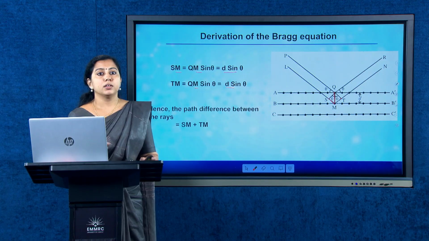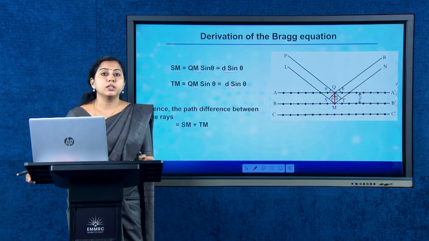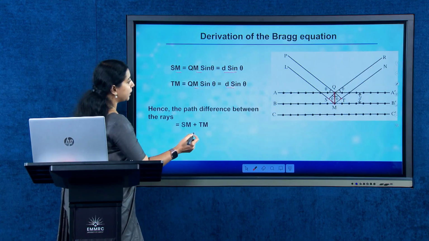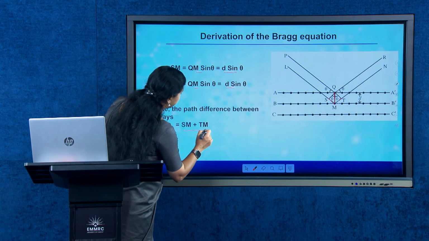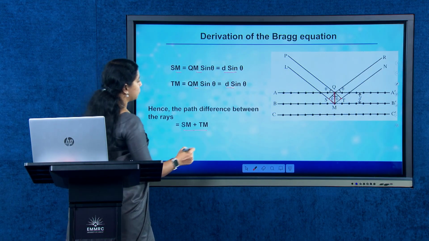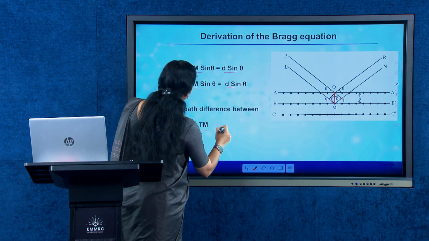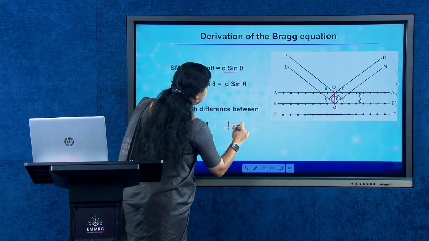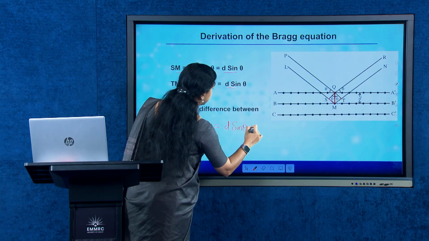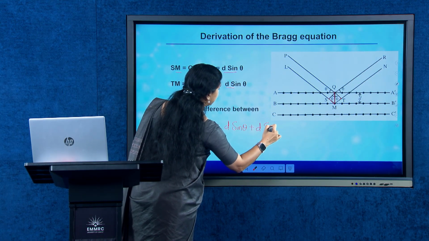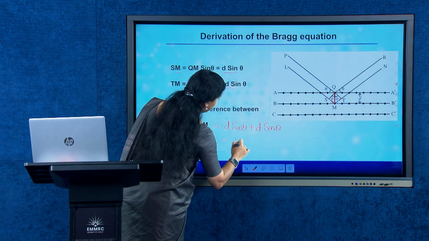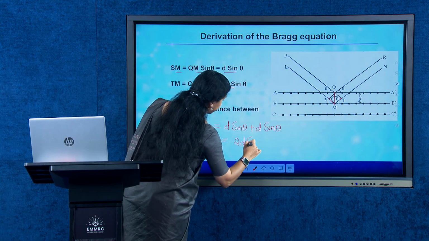Okay. So, what will be the path difference between the rays? The path difference between the rays will be equal to SM plus TM. So, that will be equal to D sin theta plus D sin theta. So, that is equal to 2D sin theta.